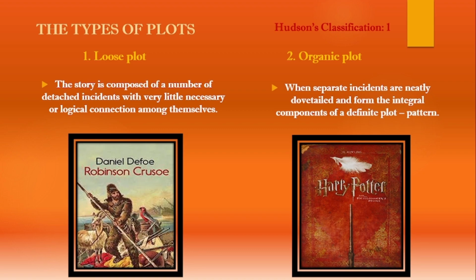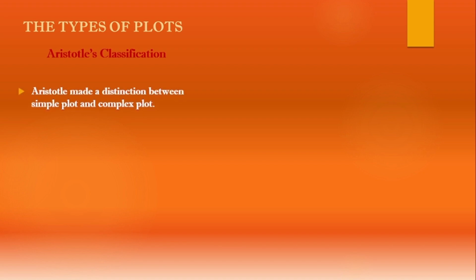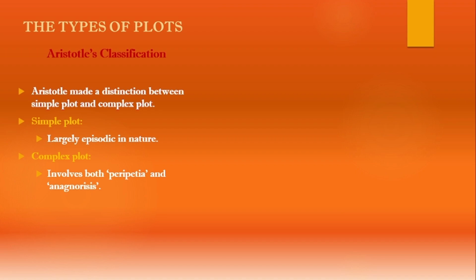Moving on to Aristotle's classification. Aristotle made a distinction between a simple plot and a complex plot. A simple plot, according to him, is largely episodic in nature, whereas a complex plot involves both peripeteia and anagnorisis.